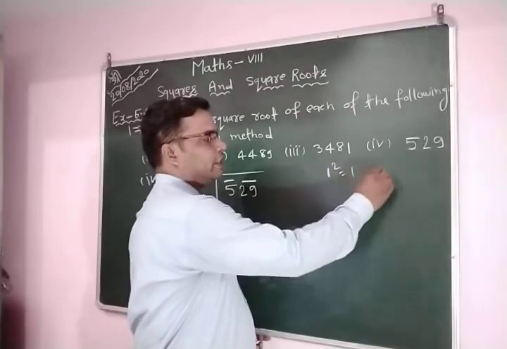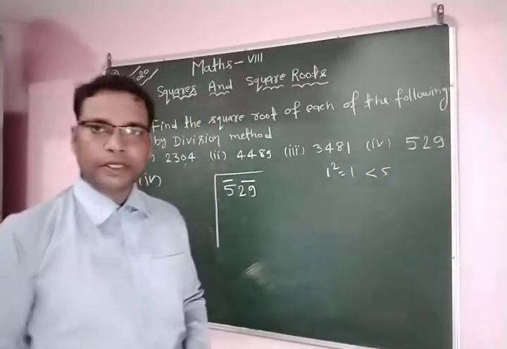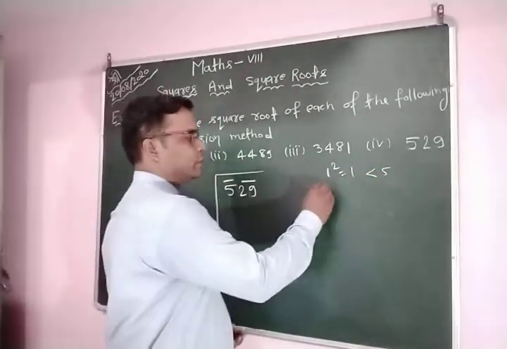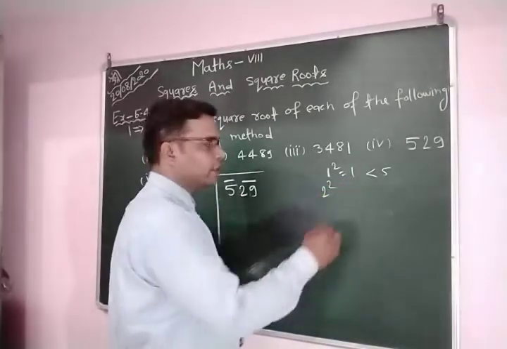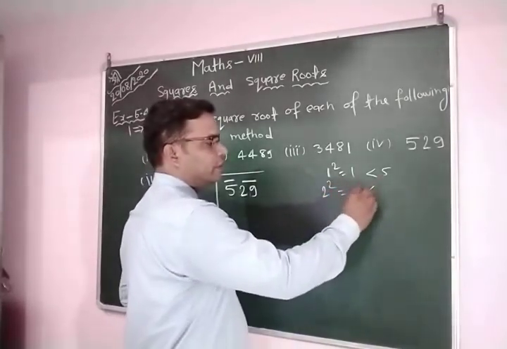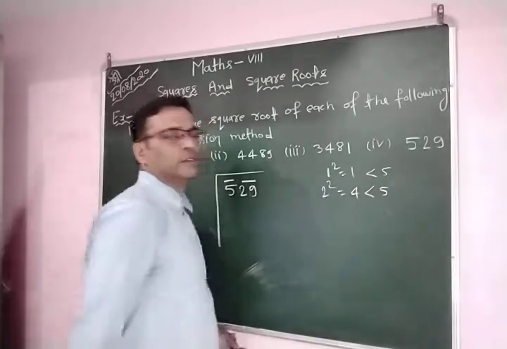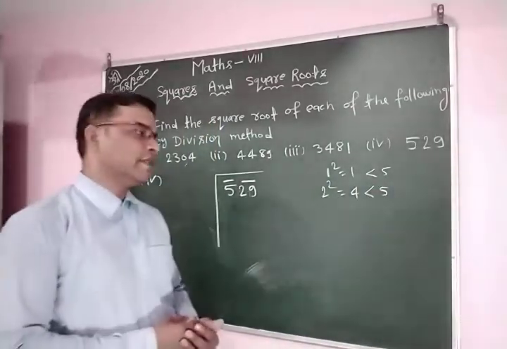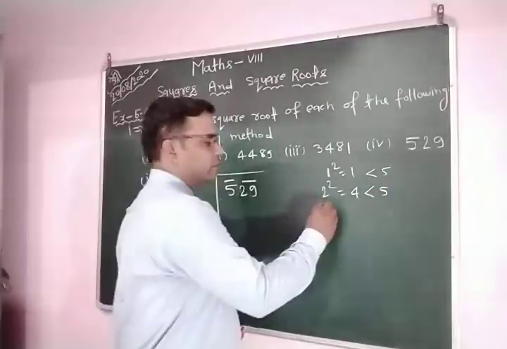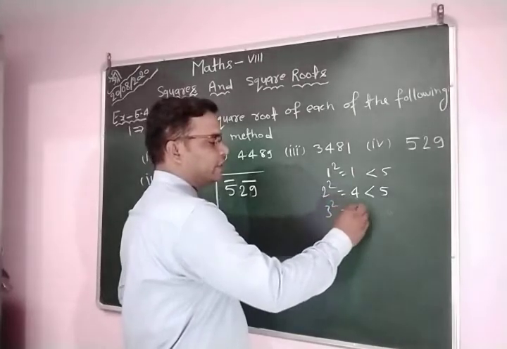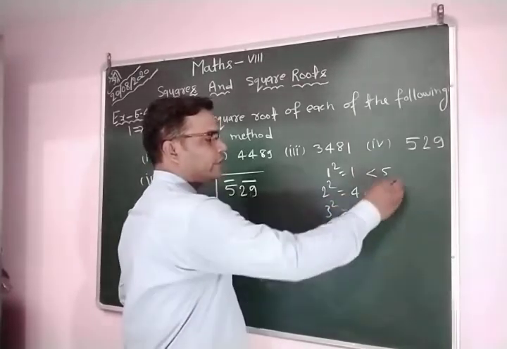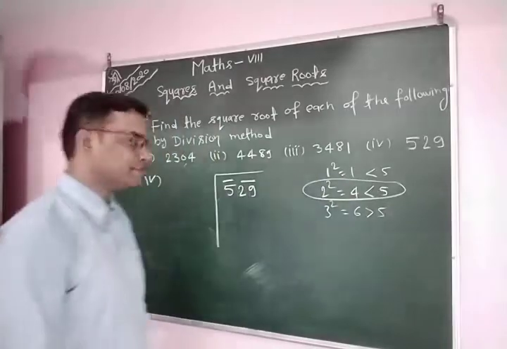This is less than 5. If you take the square of 2, this is equal to 4. This is also less than 5. So we select 2, whose square is less than 5. If you take 3, the square of 3 is 9. This is greater than 5. So we select 2.